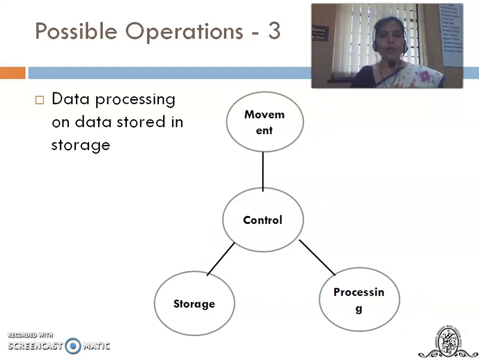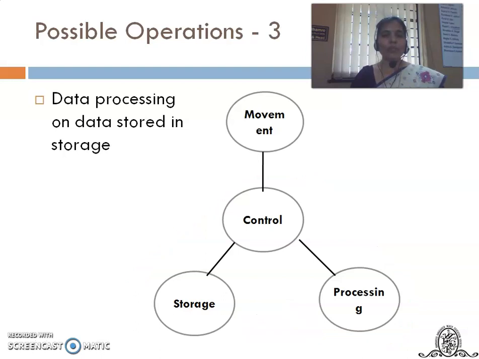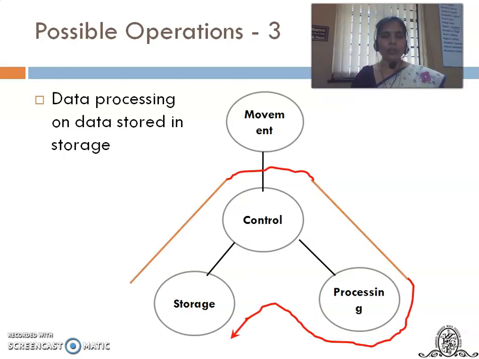The third type is the data might be processed and this data might come from the data storage and it might be processed and it might be again stored in the data storage. So this is the possibility of movement and operation in any computer system.